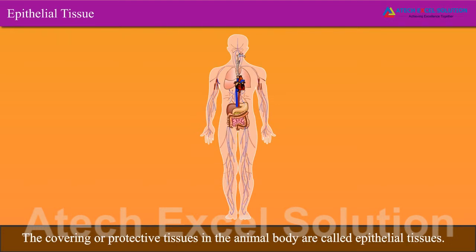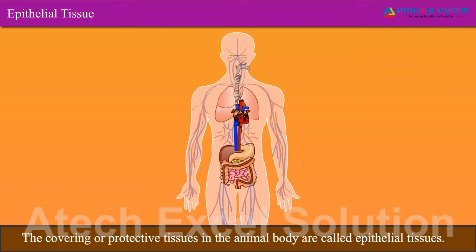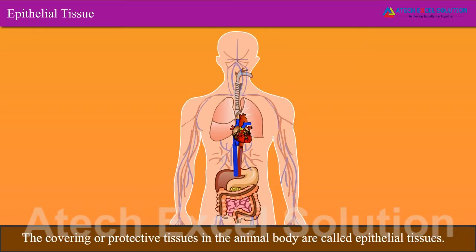The tissues that cover the animal body are called epithelial tissues. Epithelial tissues or epithelium cover most organs and cavities within the body. Epithelium protects the underlying cells from drying, injury, chemical effects, and viral or bacterial infection.